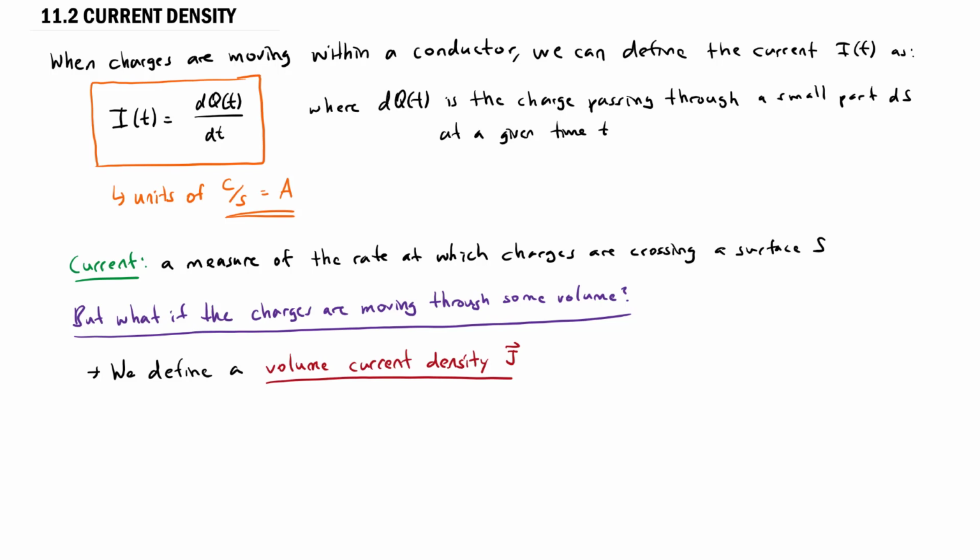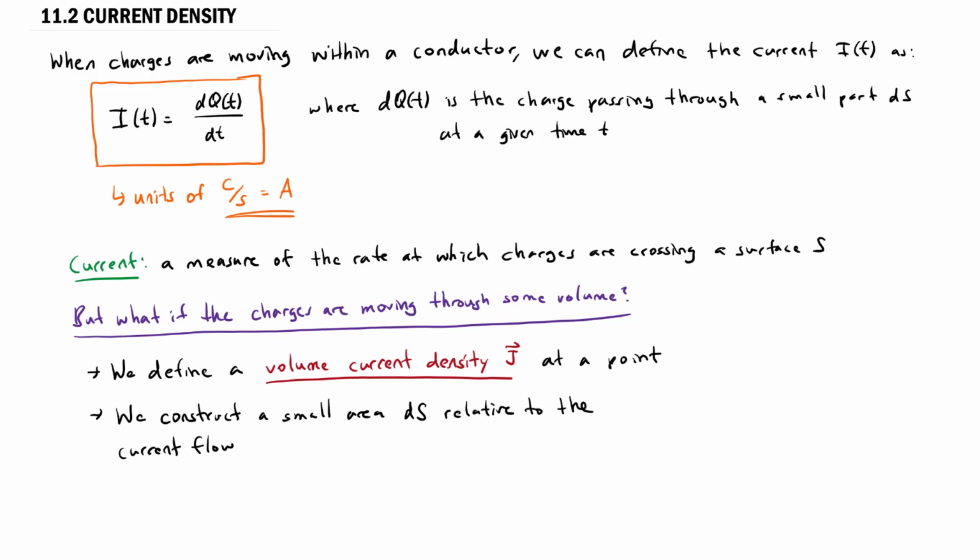And we're going to define this at some point. So what do we do? We construct a small area ds relative to the current flow. If we're having trouble visualizing this, we should probably draw a diagram.